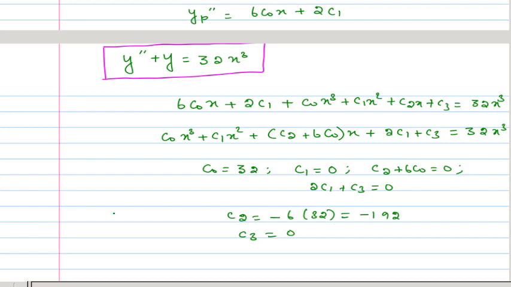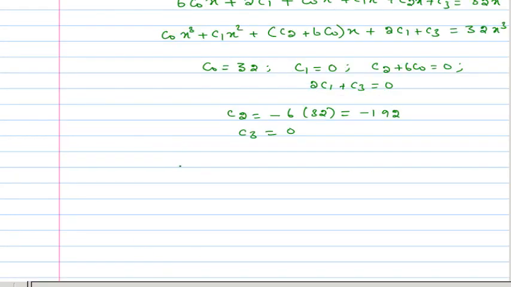Then your yp is 32 times x cube minus 192 times x. This is my yp.